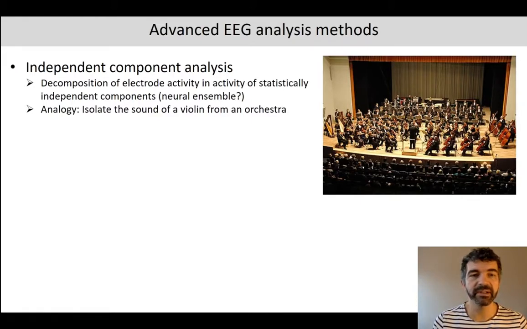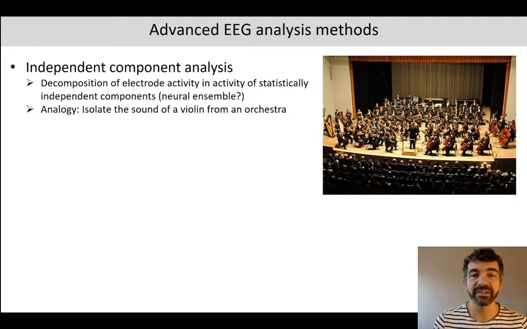Independent component analysis, or ICA, works in a way that you decompose the EEG signal into the activity of statistically independent components, so that you identify some kind of cluster that is then resembling maybe what we could call a neural ensemble.